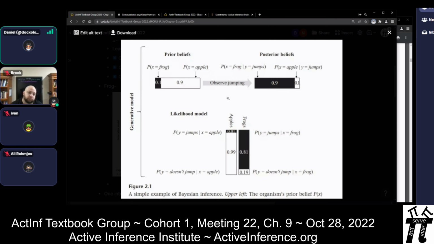Now, here's the question. Now you put them in the lab, and you have jumping and non-jumping frogs and apples. And then you can use those experimental techniques on a computational model, narrowly, to determine: do they simply expect frogs to be here, but they know what frogs and apples do? Or do they have an appropriate belief about the likelihood a priori of frogs and apples, but they have an incorrect action mapping?